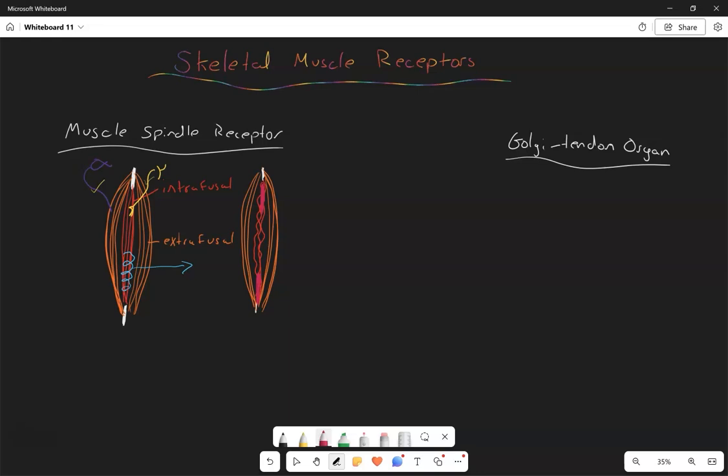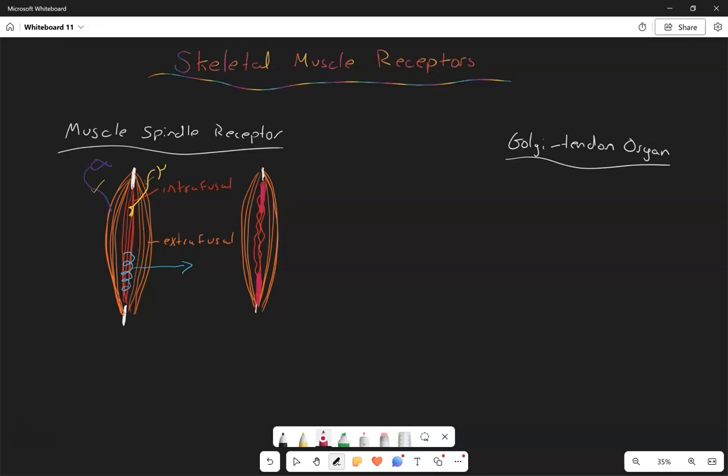All of the motor proteins are located at the polar ends of the fibers, and the shortening happens at the polar ends. But that keeps these intrafusal muscle fibers taut, so that this muscle spindle receptor can send a signal to the central nervous system.